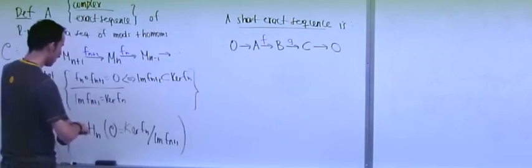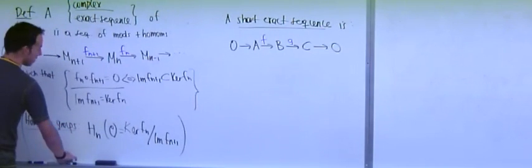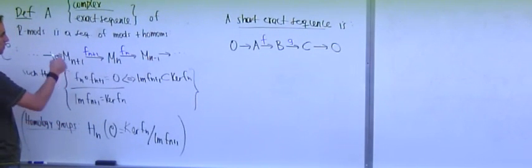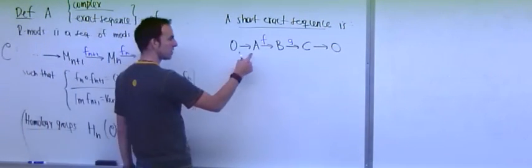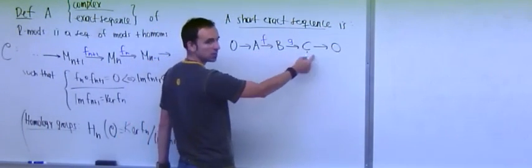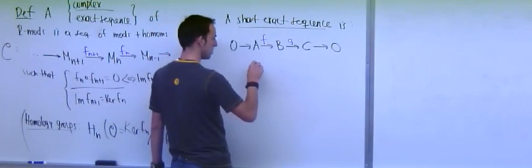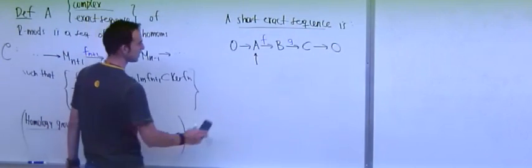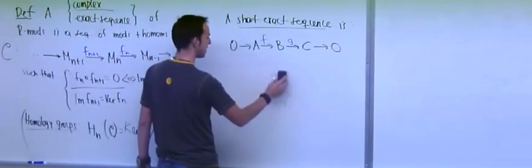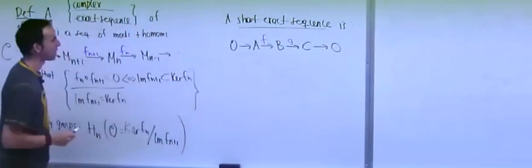Okay? Now, what are we going to demand? Well, the same thing. It should be exact. So that means that it needs to be exact at A, at B, and at C. Okay? So what does it mean to be exact at A? Well, I shouldn't use an arrow because you might think that's another homomorphism and get worried.